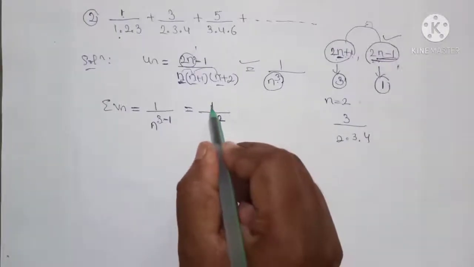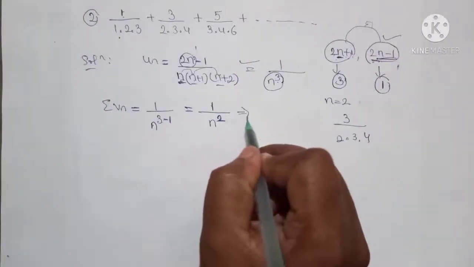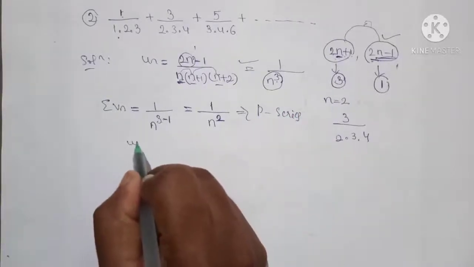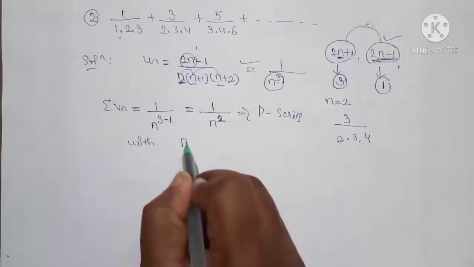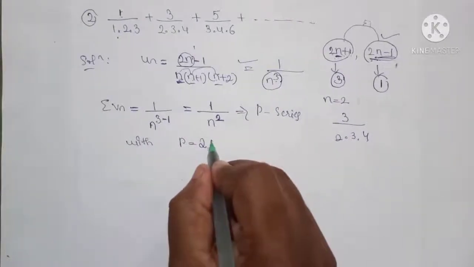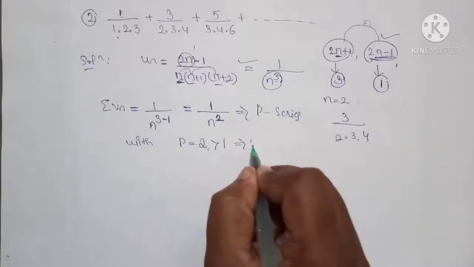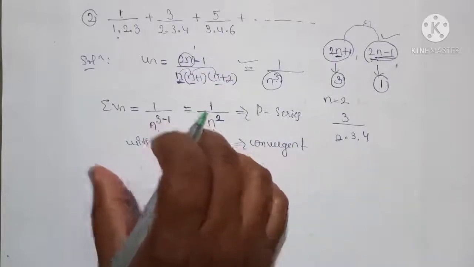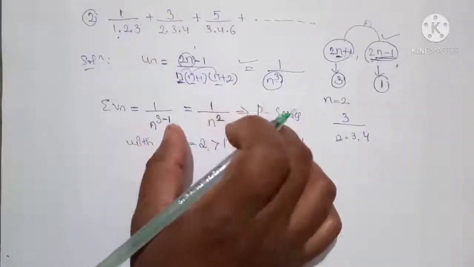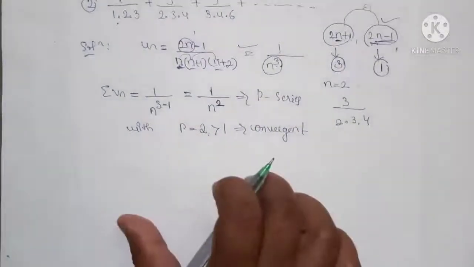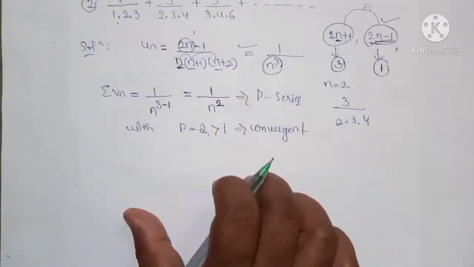You can test the nature of this summation Vn here itself. 1 divided by n square is a p series with p equals 2, which is greater than 1, therefore it is convergent. After writing Vn, you can test the nature of the series Vn, or you can test it afterwards, by the limit comparison of un and Vn. That is your wish.